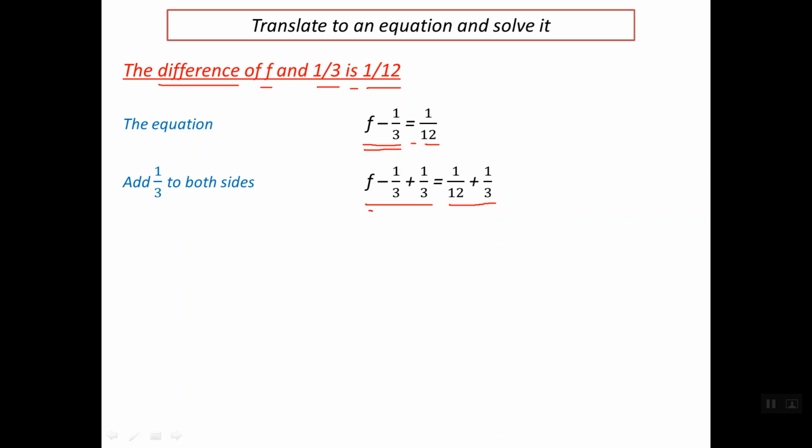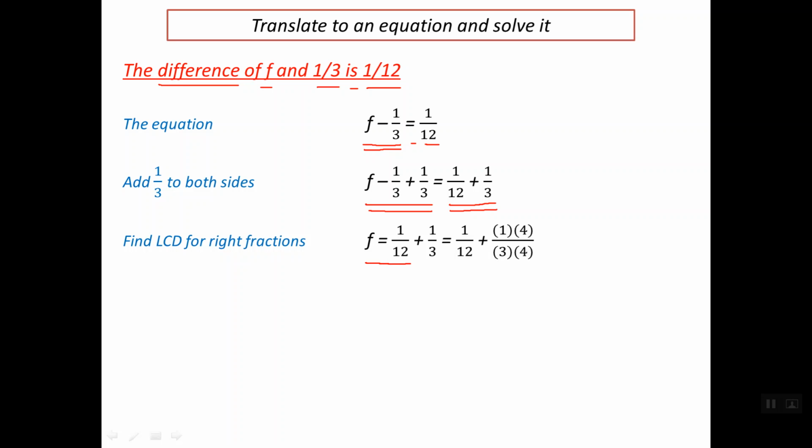On the left side, the minus third cancels with the plus third, so the remaining is the variable f. Regarding the right side, we have two fractions with different denominators. So we can find the common denominator for both 12 and 3. So the value of f is equal to 1/12 plus 1/3.